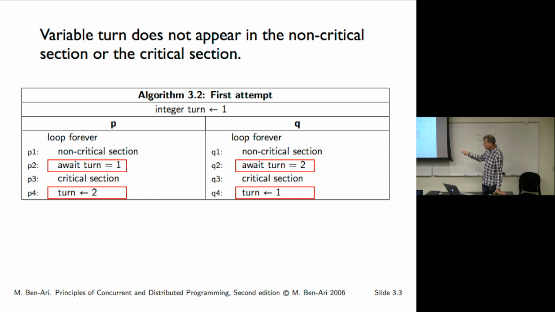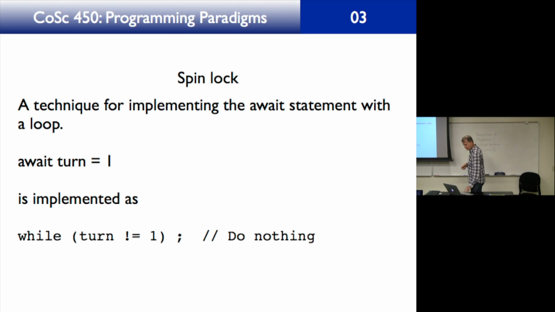P2 is the pre-protocol, and P4 is the post-protocol, and the same with Q2 and Q4. Notice that the variable turn cannot appear in the critical section or the non-critical section. So we assume that that's the case, right?